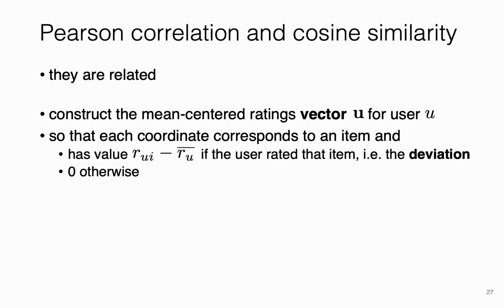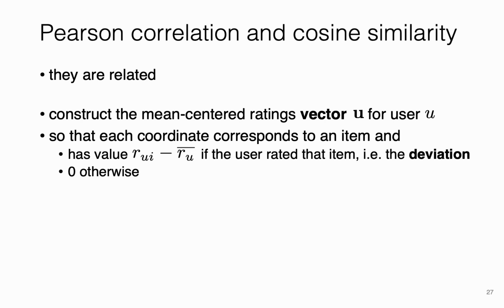Another note about the PCC is its relation to the cosine similarity. To see this, consider the ratings vector U for a user U containing mean-centered ratings, that is, the deviations. If an item is not rated, then the vector contains a value of 0.